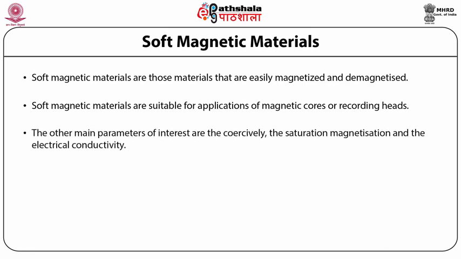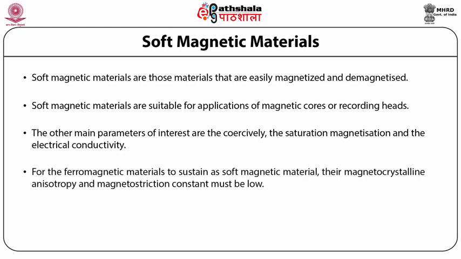The other main parameters of interest are the coercivity, the saturation magnetization, and the electrical conductivity. Since soft magnetic materials can be demagnetized at low magnetic field, their coercivity is low, which is less than 1000 ampere per meter, whereas permeability is high, that is, initial permeability is of the order of 10 to the power 2 to 10 to the power 5, and maximum permeability is in between 10 to the power 3 to 10 to the power 6.